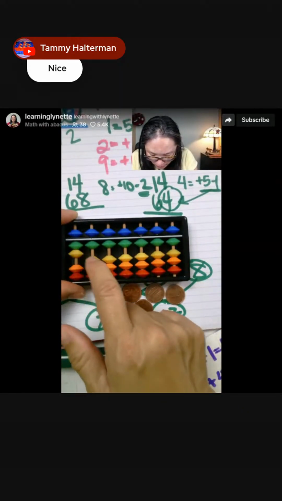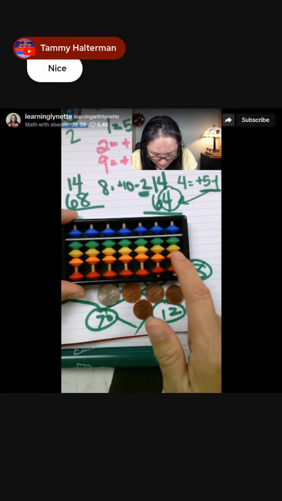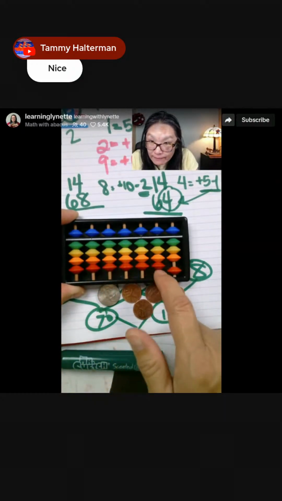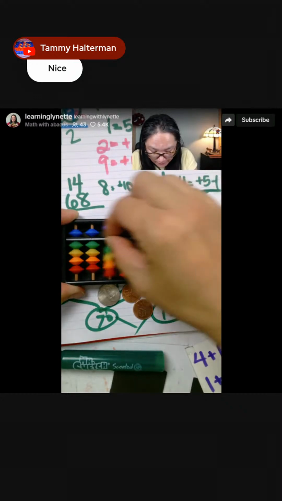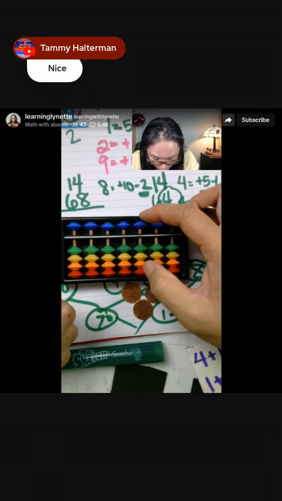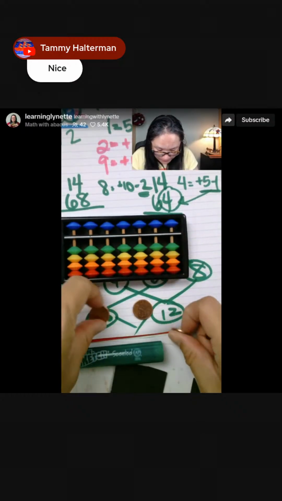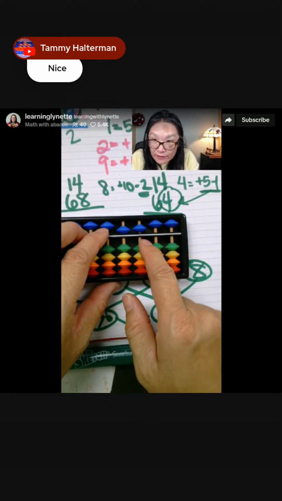And then this is 9. That's all 9. That's it. Make sense? Yeah. So that's how we read the abacus. And you only have numbers from 0 to 9. That's it. 10 is not this. This is 55. 10 is actually that. 1, 0.